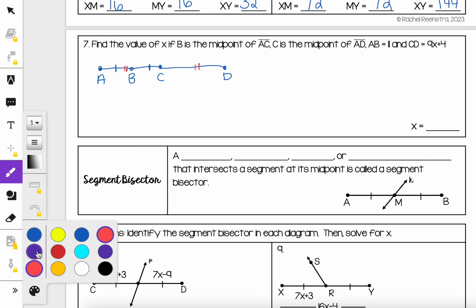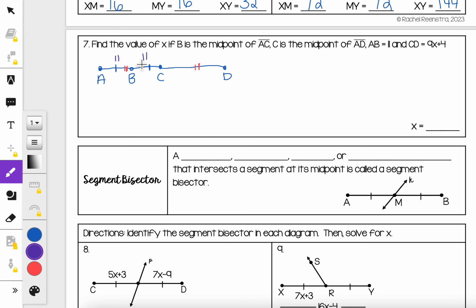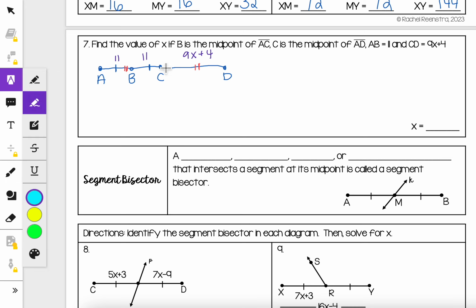So kind of a lot going on here. I know that AB is 11, which means BC also has to be 11 because they're congruent. And CD is 9x plus 4. Okay, so how I can kind of start this.